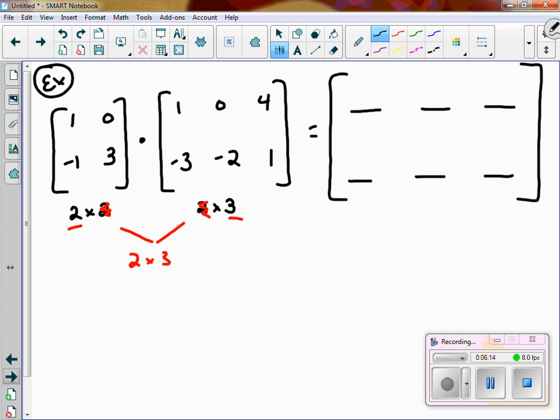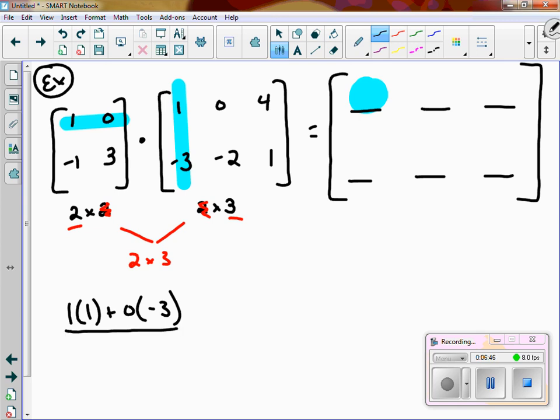So on that first one, this first element position, this position here, is row 1, column 1. So row 1 times column 1. Realistically, like I said, I'm doing the work down below. So I've got 1 times 1 plus 0 times negative 3. So again, I'm leaving my row numbers on the outside of my parentheses, and inside my parentheses are going to be my columns.